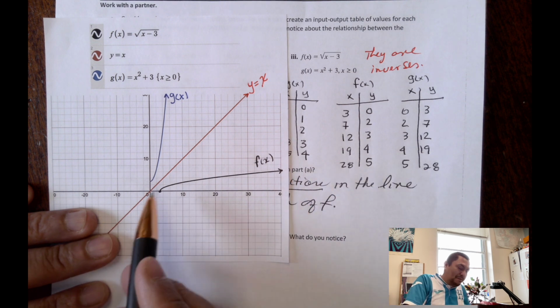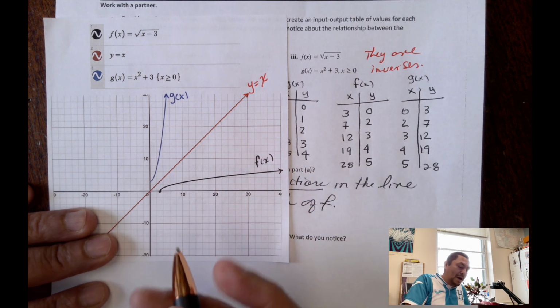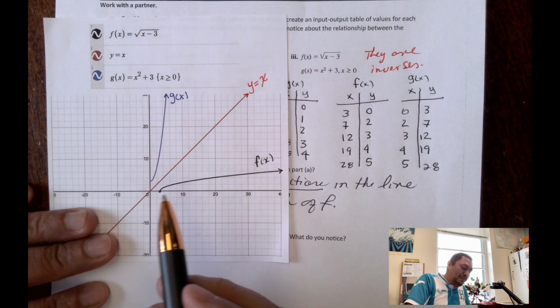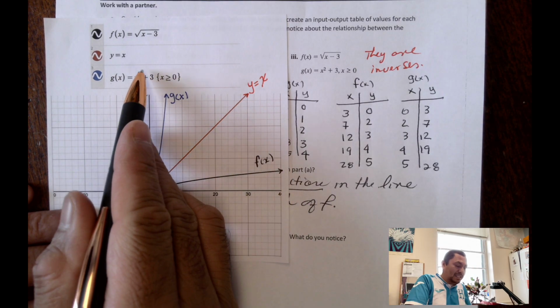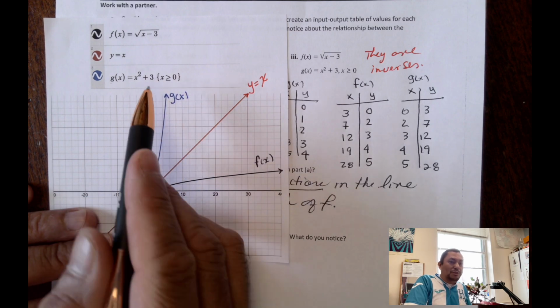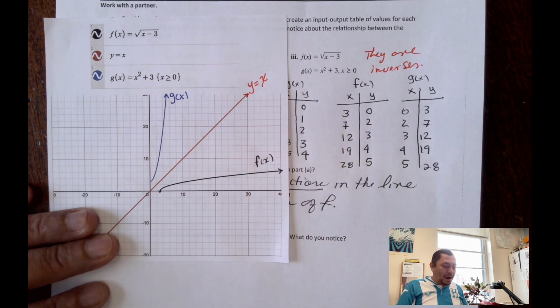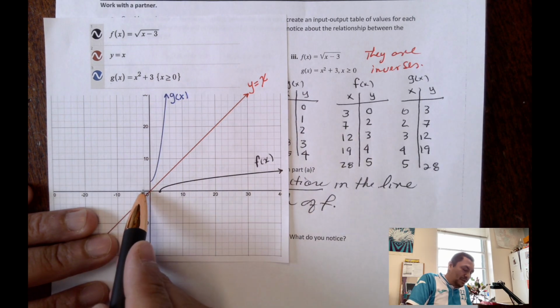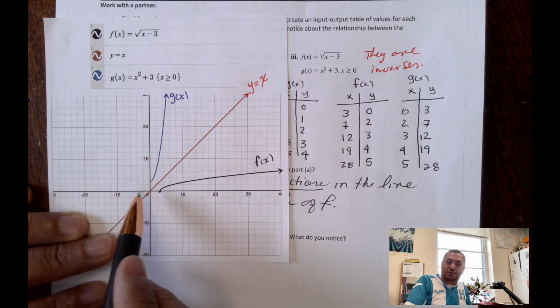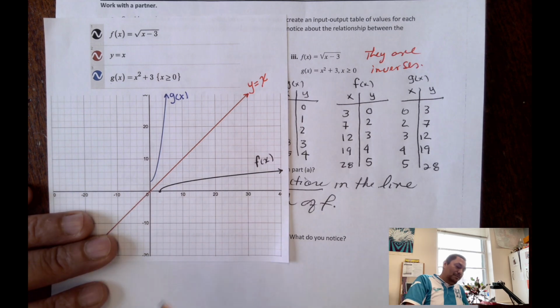There is no graph on the negative side of the y. So in this case, when I reflect these values, my g of x, the inverse, is going to be x squared plus 3. Now I'm going to restrict this parabola to x greater than or equal to 0. So I don't have negative values on my x, okay?